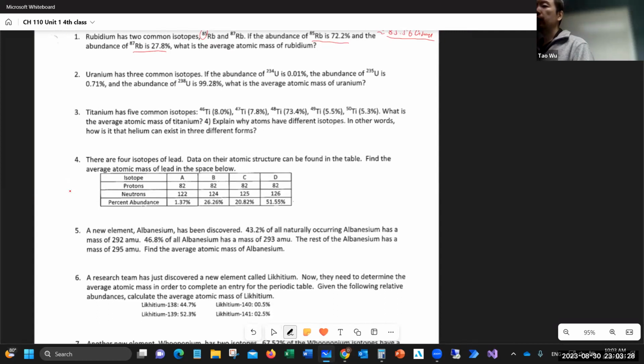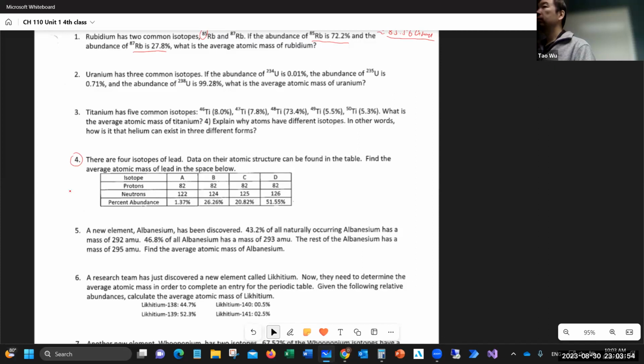Okay, so you can think about question number 4. This one says there are 4 isotopes of lead, and they show the structure there. They tell us 4 isotopes A, B, C, D, and they show the protons, neutrons, and percent abundance for each of them. Okay, how do we start?